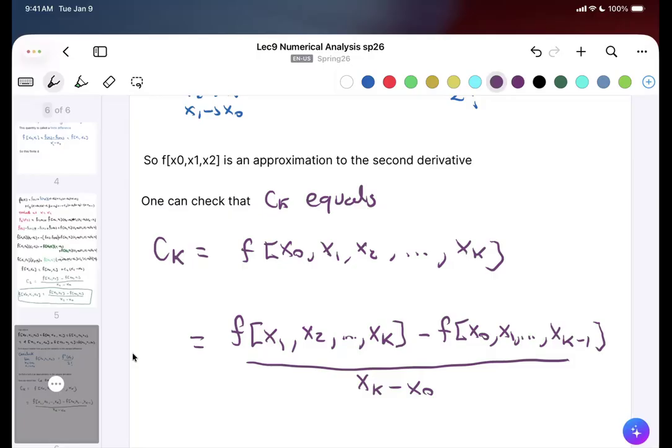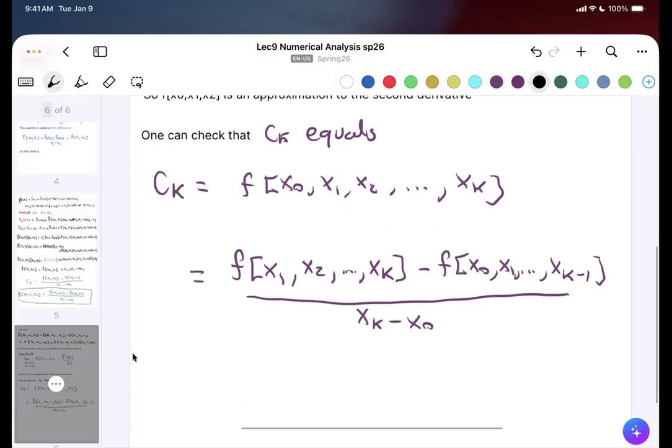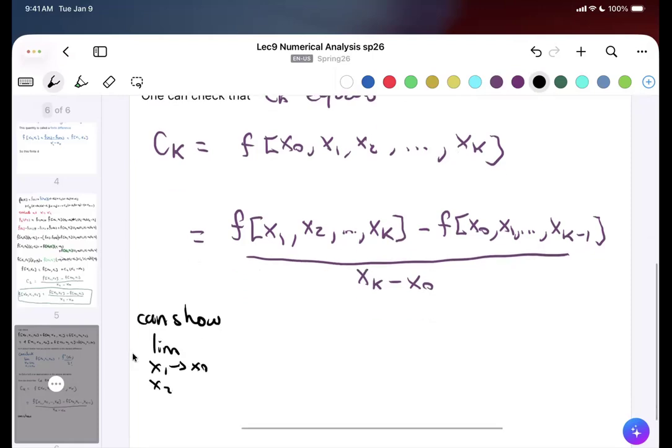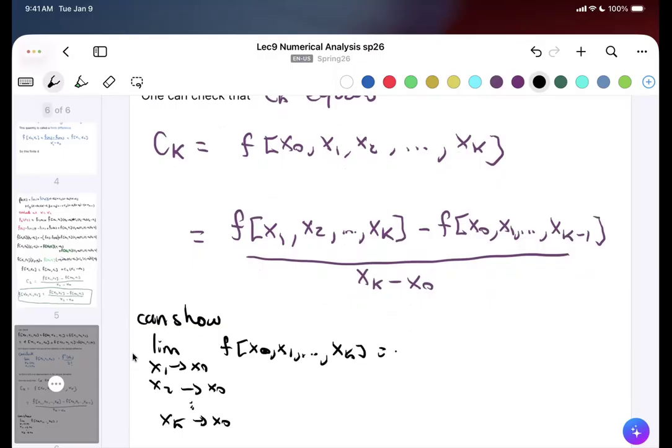And it is possible to prove that if you take the limit as x1 approaches x0, x2 approaches x0, xk approaches x0, the limit of this higher order divided difference is the kth derivative at x0 over k factorial.